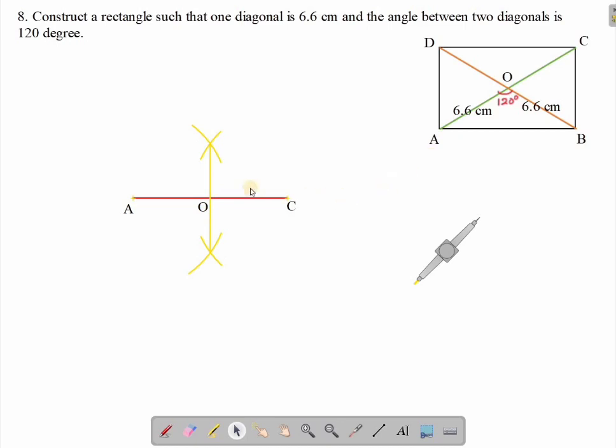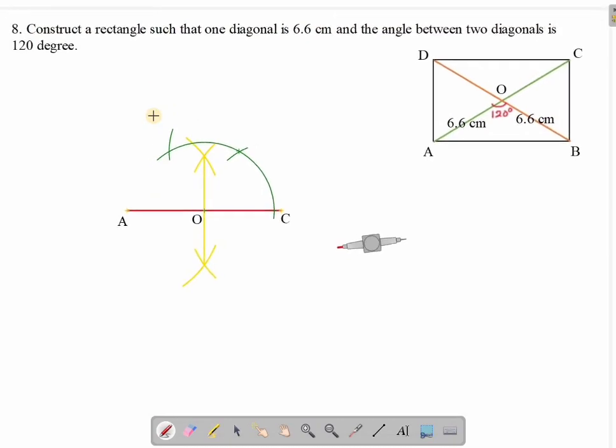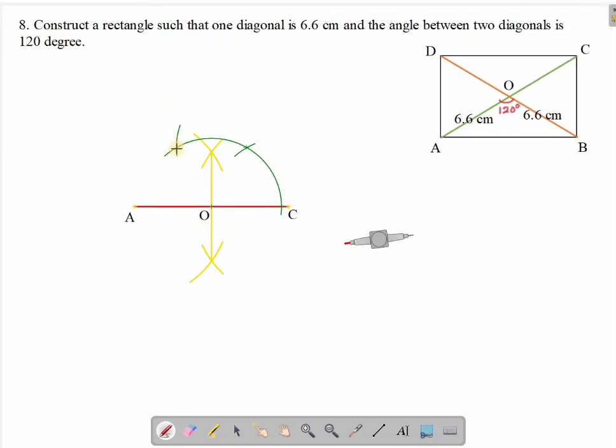So now at O we will draw 120 degree angle. Now we will join this point with O and extend it.